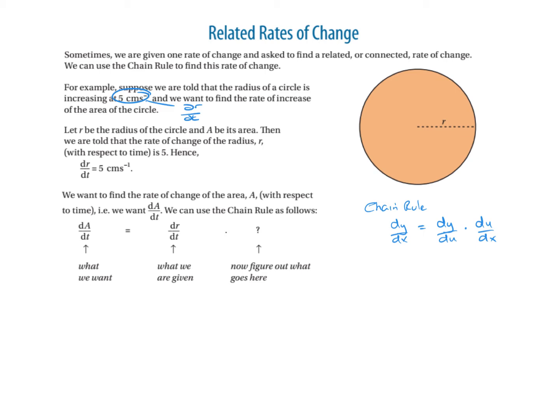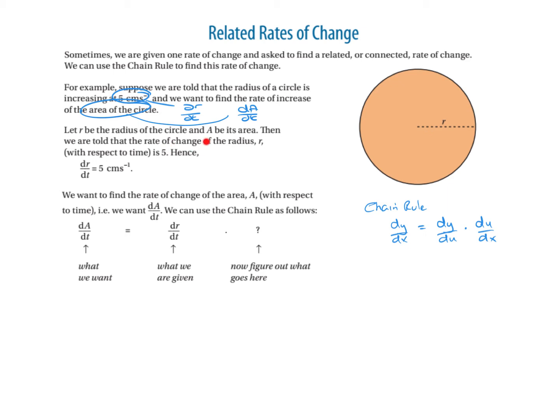And it says that we want to find the rate of increase of the area of the circle. Well, rate is differentiation, and it says the area of the circle, but it doesn't tell us with respect to what. And if it doesn't tell us with respect to anything else, we automatically assume that this is going to be time. So the rate of increase of the area of the circle is dA/dt. Let r be the radius of the circle and A be its area.